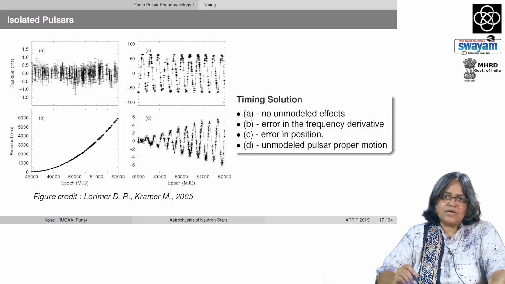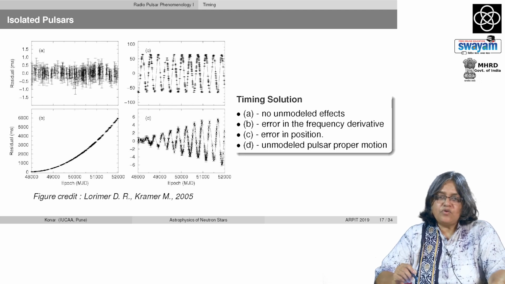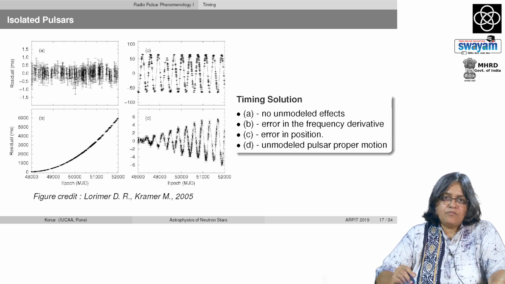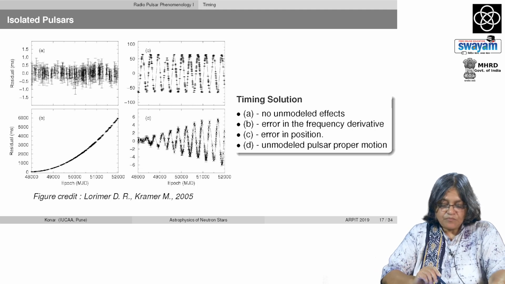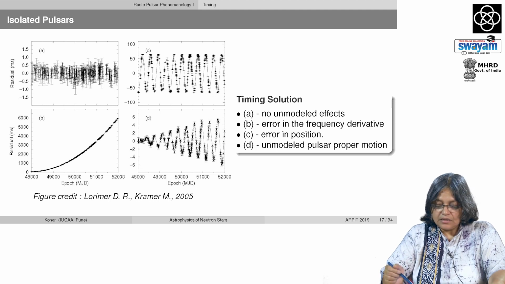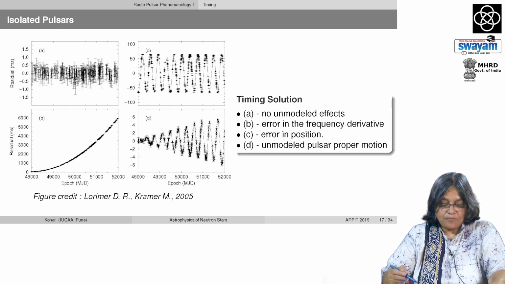Now, here is an example where various factors have contributed to the timing solution. See, for example, panel A, this is totally random, and so there are no unmodeled effects. We have been able to extract all the possible causes for the systematic delay.